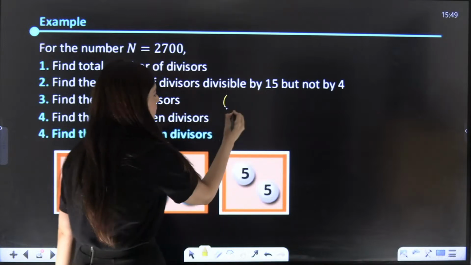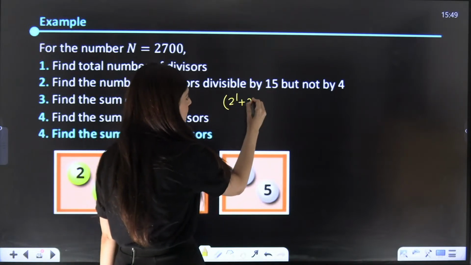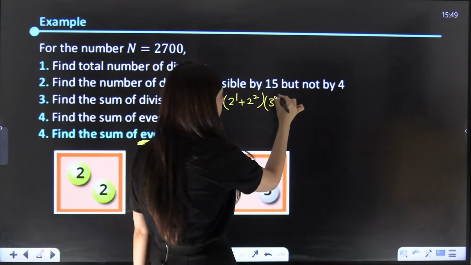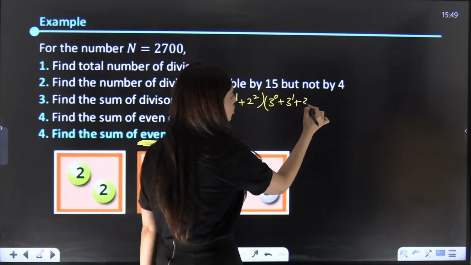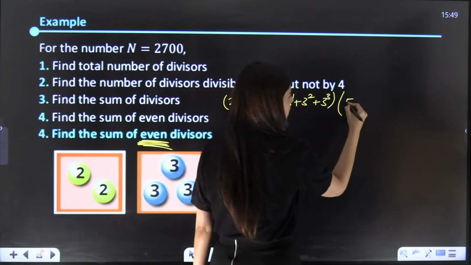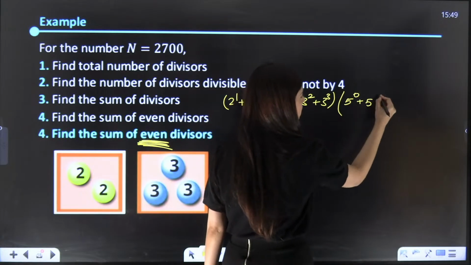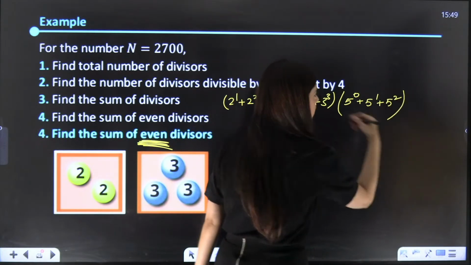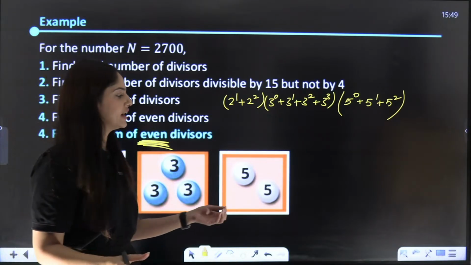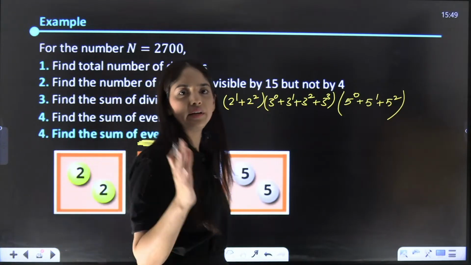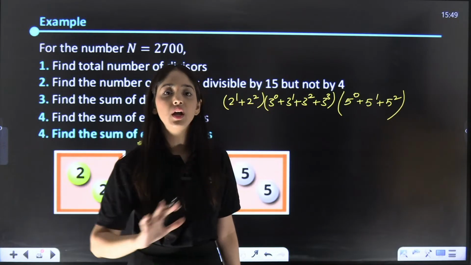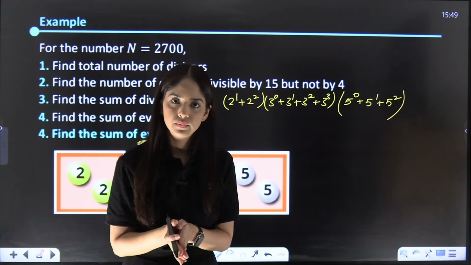So now the problem becomes 2 raised to power 1, 2 raised to power 2. The others will remain the same because there is no restriction for the other numbers. We can take as many 3s as we want, as many 5s as we want. All we need to do is take at least one 2 to make sure that we are counting only the even divisors, right?